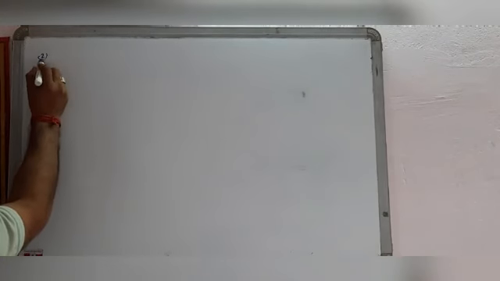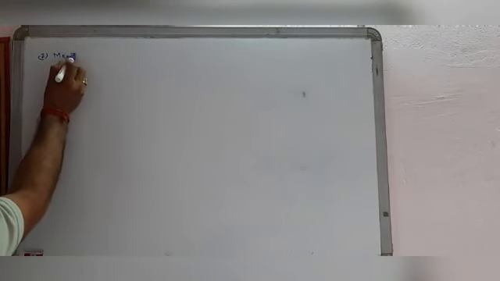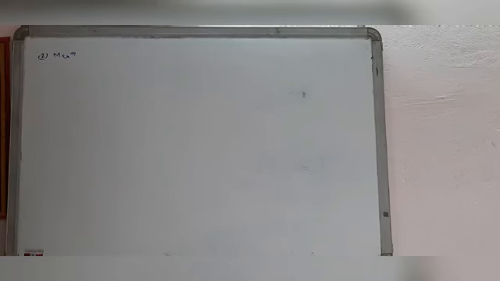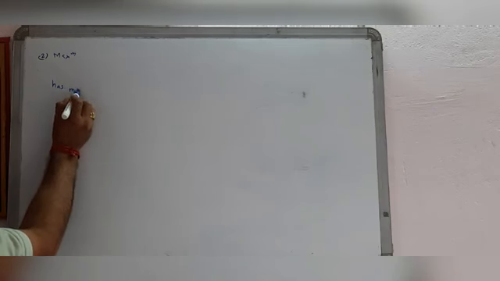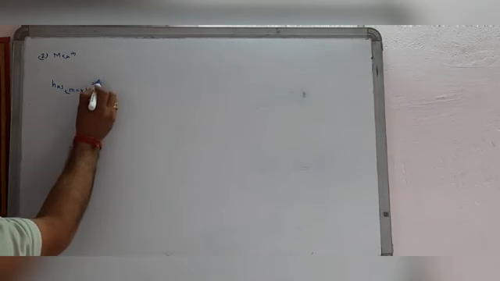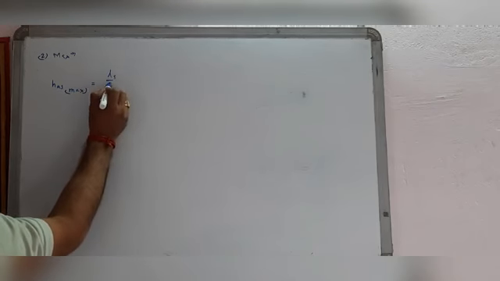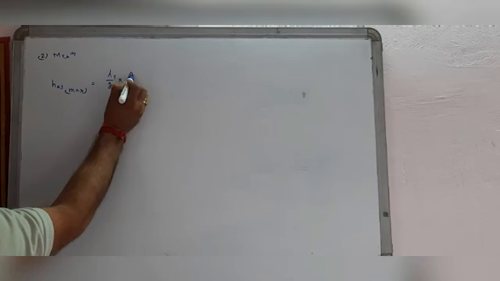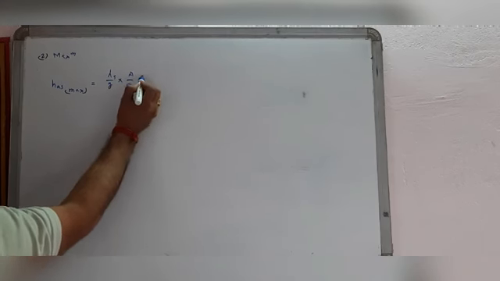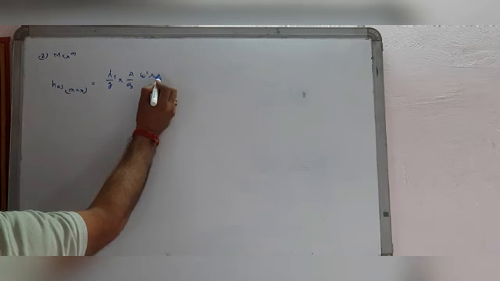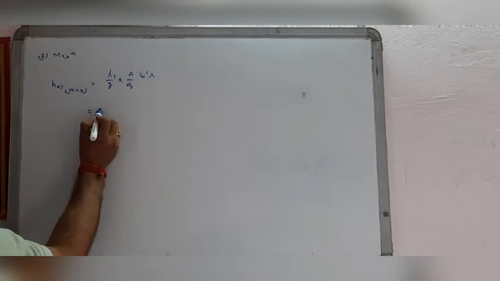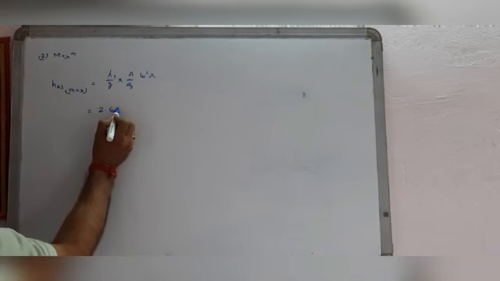Now, second, maximum pressure head due to acceleration in suction pipe is given by HAS max is equal to LS by G into A by AS omega square R, that value comes 2.695 meter.